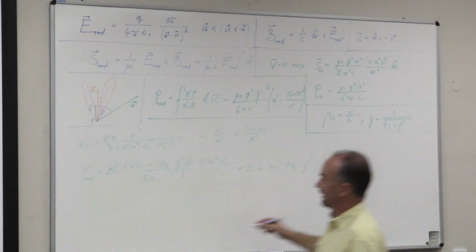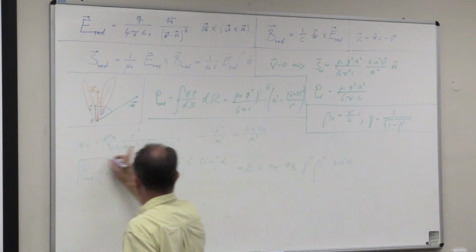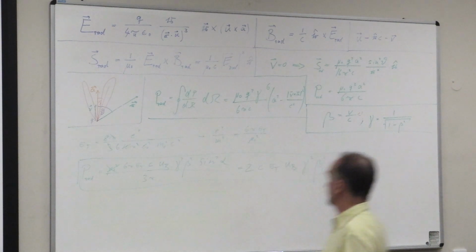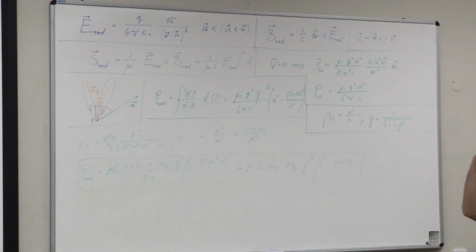Okay, so this is the energy loss due to synchrotron radiation of an electron that spirals in a magnetic field at some angle alpha.